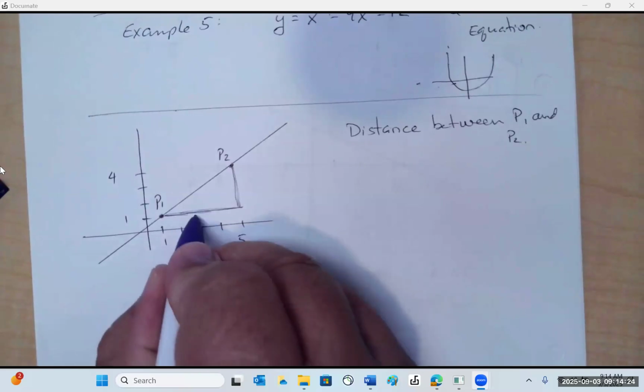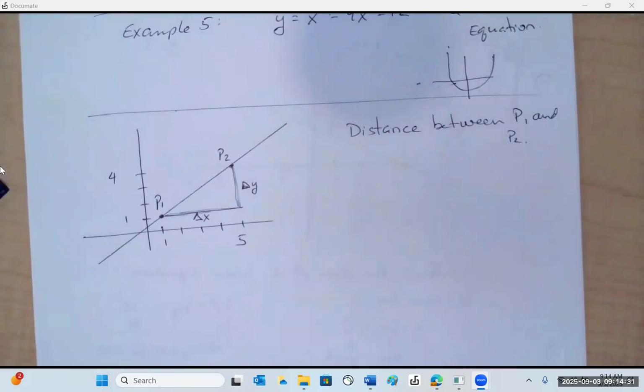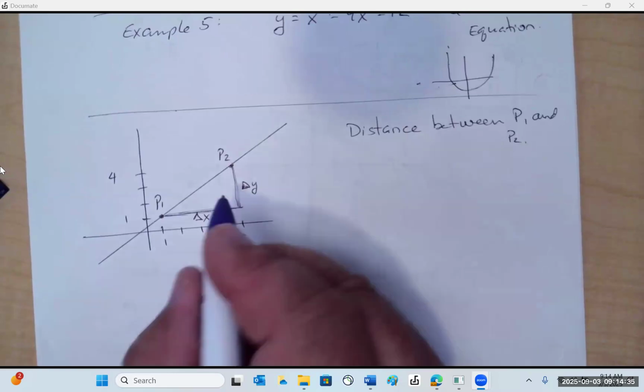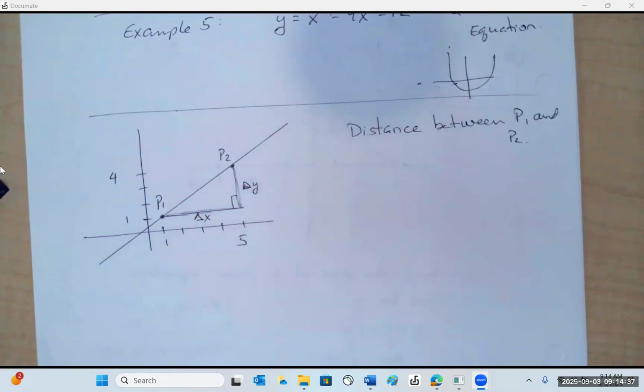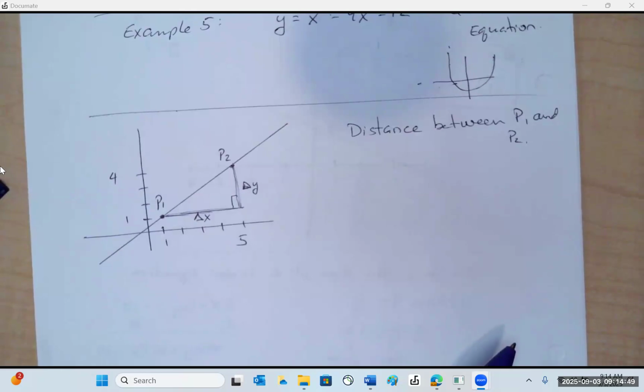So this is my delta x. This is my delta y. Do we know any formula that deals with something like this? What formula do we know? Which formulas do we know that deal with triangles? Not the slope formula.